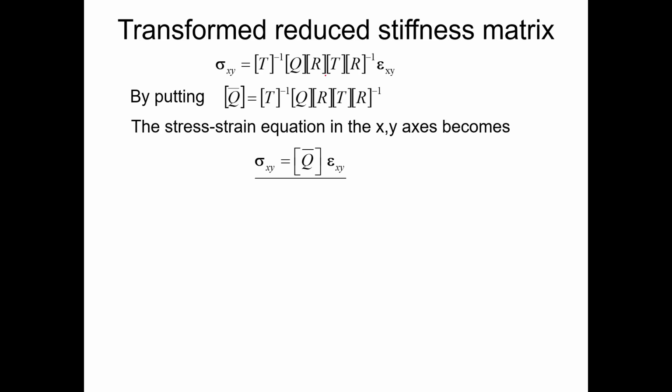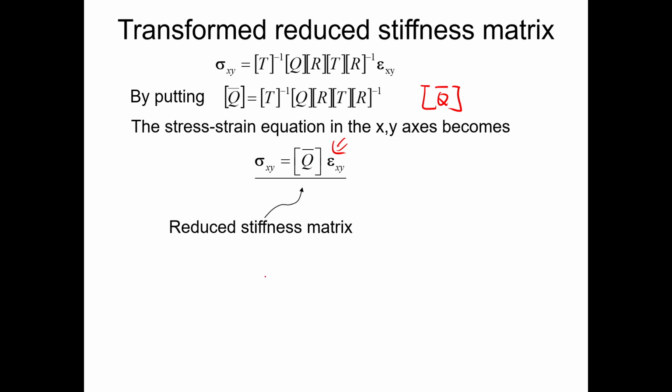And we can simplify the whole term by putting in an equivalent stiffness matrix, Q bar. So the whole equation can be simplified by this one, and we can also call this Q bar the reduced stiffness matrix.